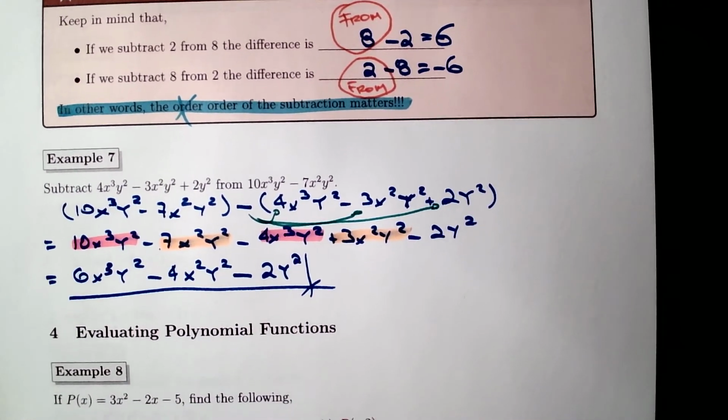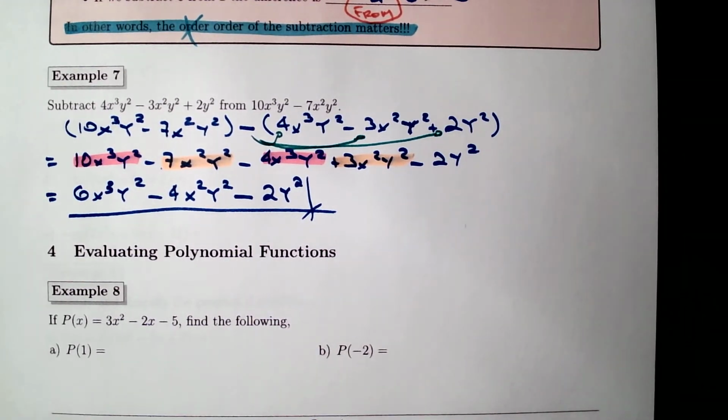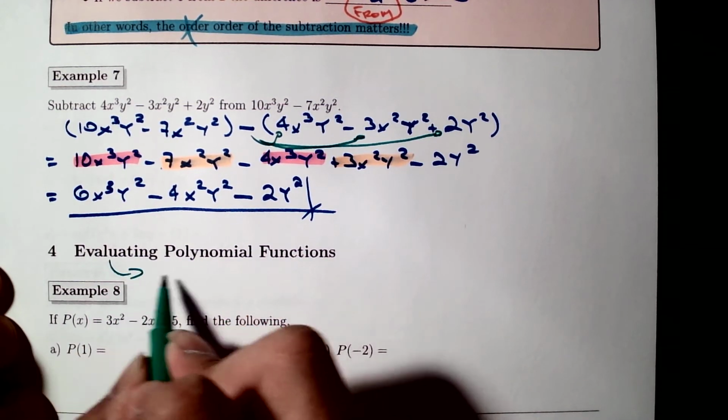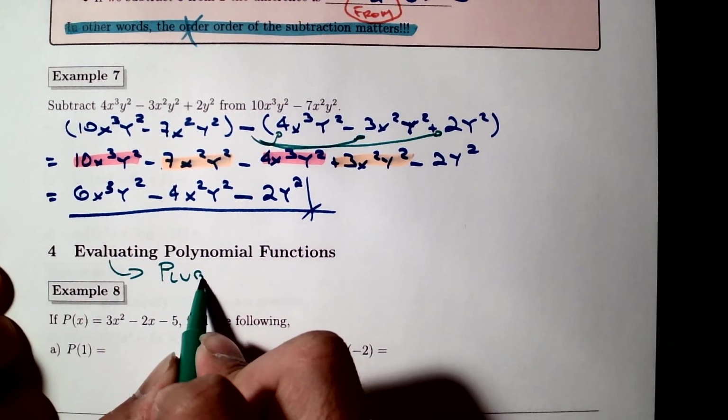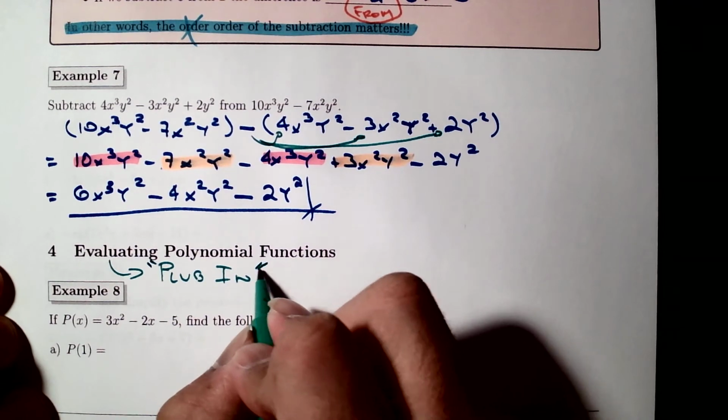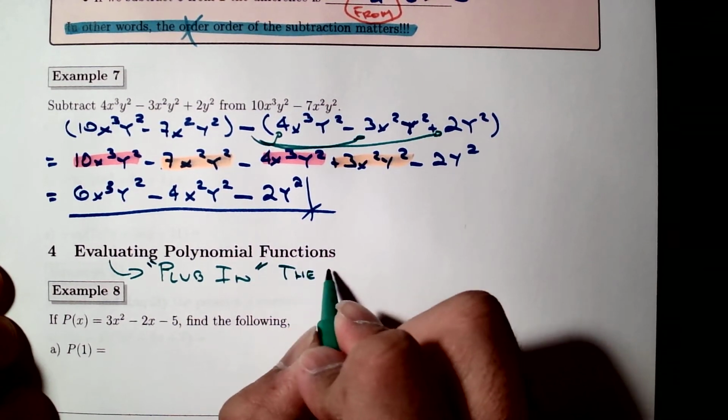Alright, so that's pretty much it about adding and subtracting polynomial expressions. So now let's look at polynomial functions. Keep in mind that when we evaluate, by evaluate we mean plug in the x value.